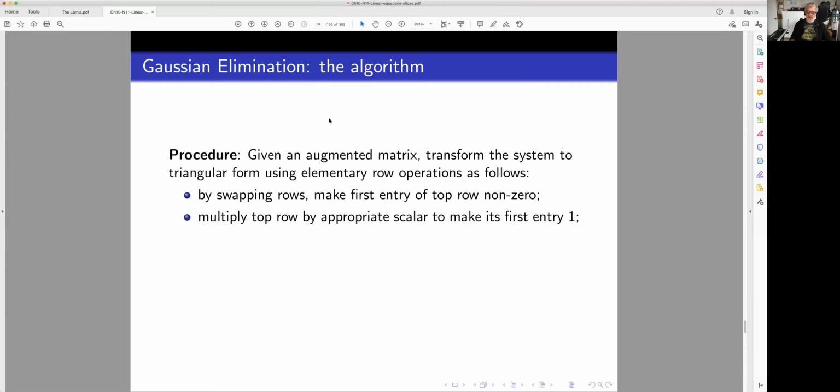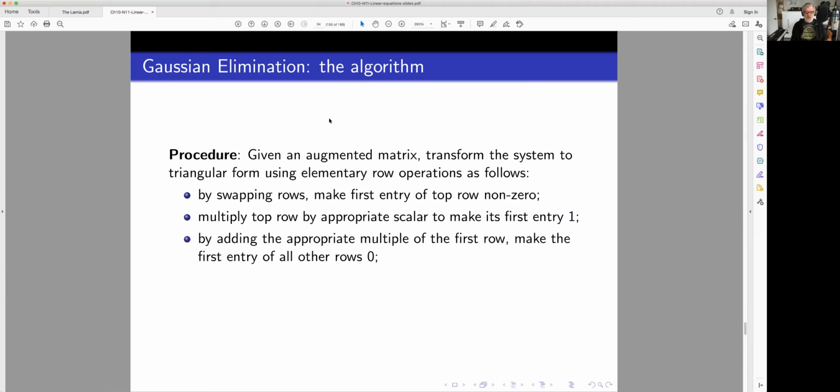Second, now that you have a non-zero entry in that top left corner, you'd like to make it 1. So how do you do that? With an elementary row operation, multiply that row by the appropriate scalar and you can make it 1, okay? So basically you divide by that number, but you're multiplying by 1 over that number. So now you've got a 1 in that top left corner.